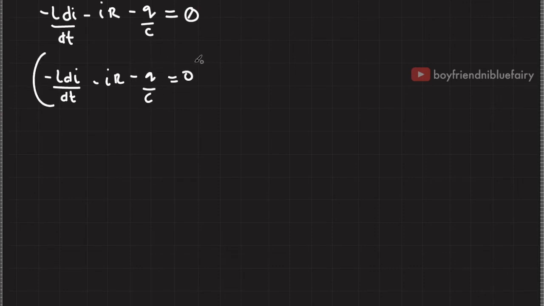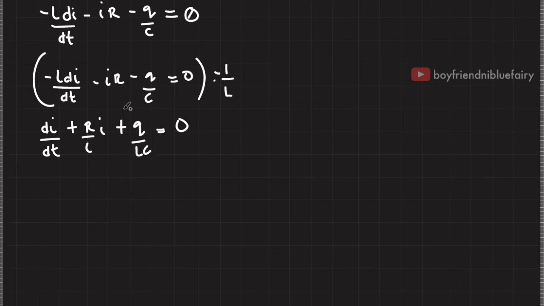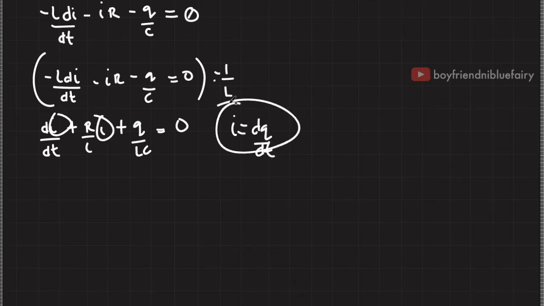So I'll multiply both sides of the equation with negative 1 over L to get rid of the L here. Recall that the definition of current is dq over dt. So I'll replace all current here with this definition.